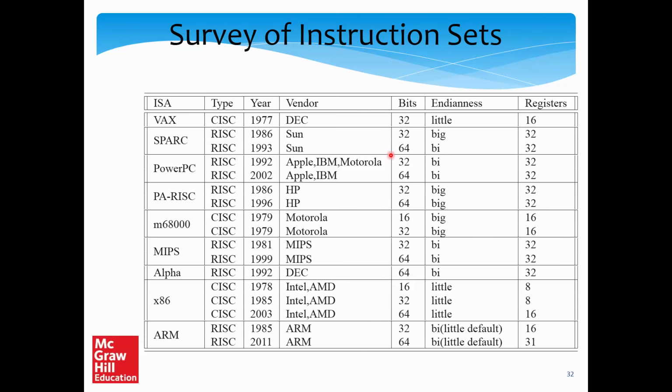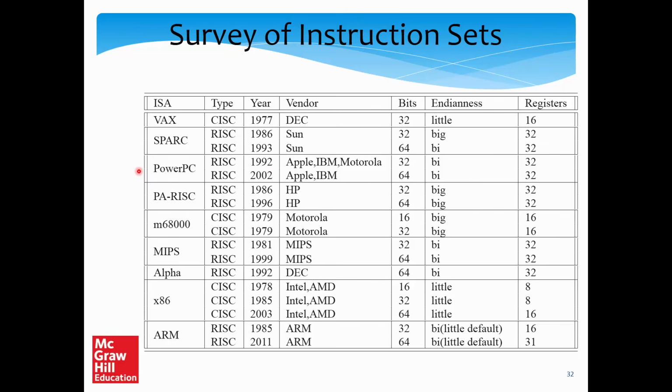And what it means to be a 64-bit instruction set is also the same. The size of a register is 64 bits, or the size of an instruction in the case of a RISC architecture is 64 bits. The 64-bit instruction set was actually bi-endian, meaning it could be configured to be either little endian or big endian, and we had 32 registers.